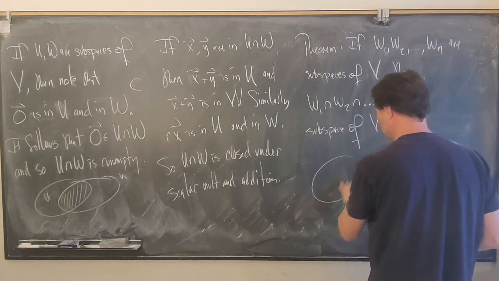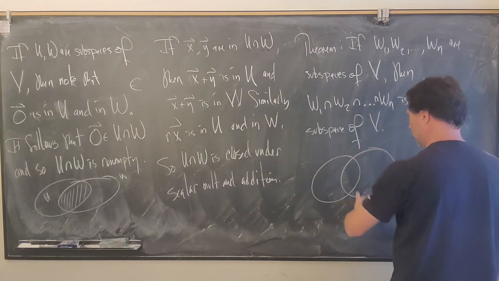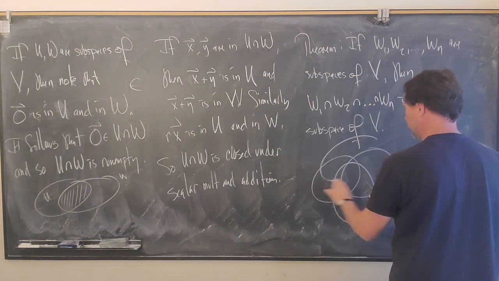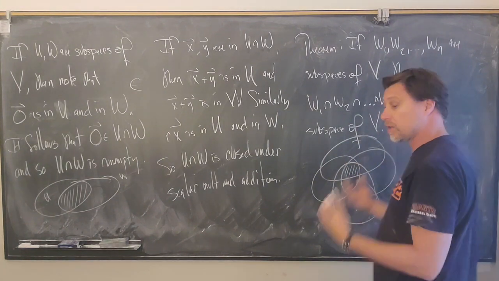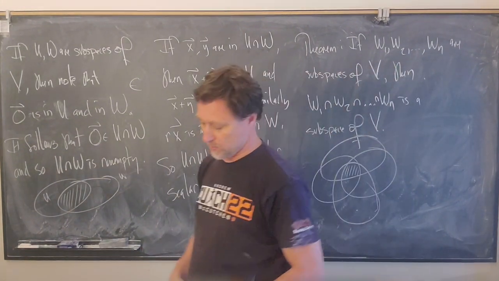So your picture, I'll do it for 4 here, so there's the common overlap of my 4 sets. The intersection of subspaces is a subspace.